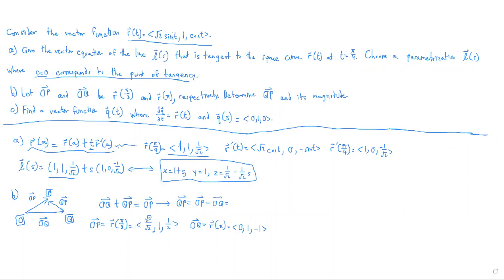So this minus this, that's root 3 over root 2. One minus 1 is 0. And 1 over 2 minus -1 is 3 over 2, not root 2, 3 over 2.